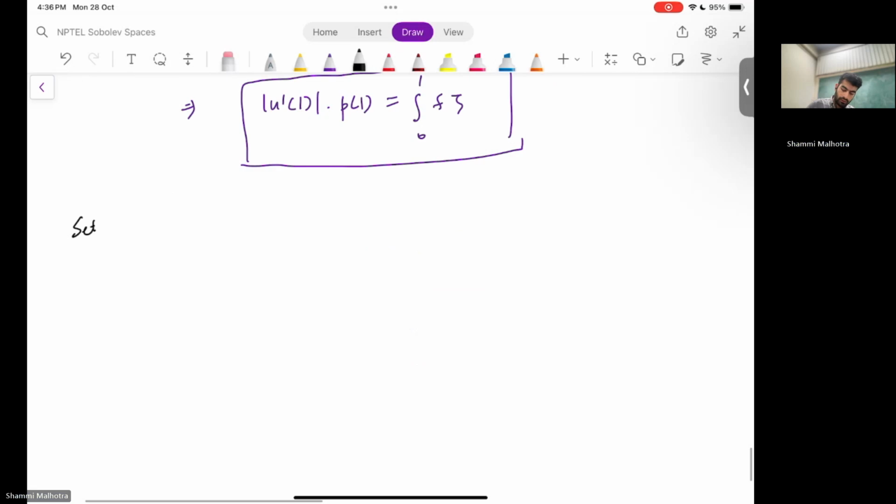Now, phi x is e raised to the power of bx minus 1, so I'm taking phi x with this form.